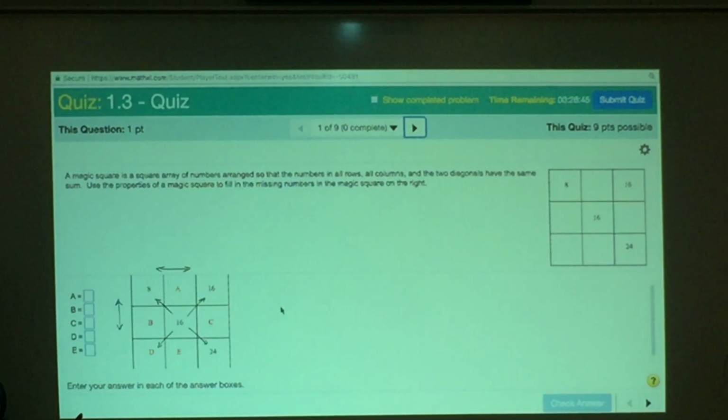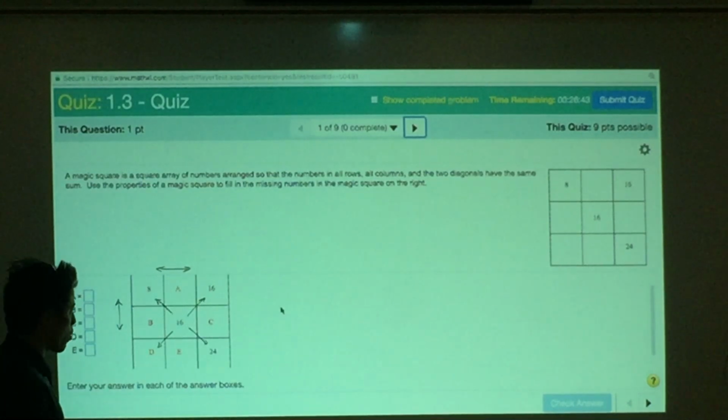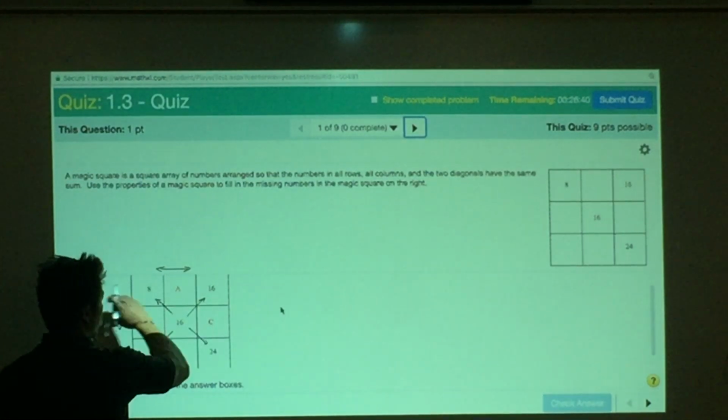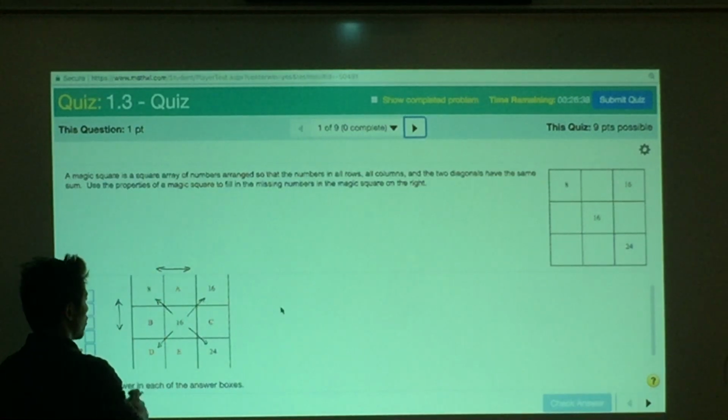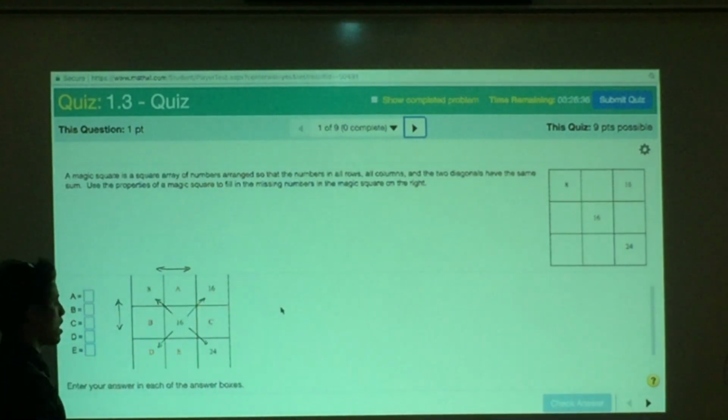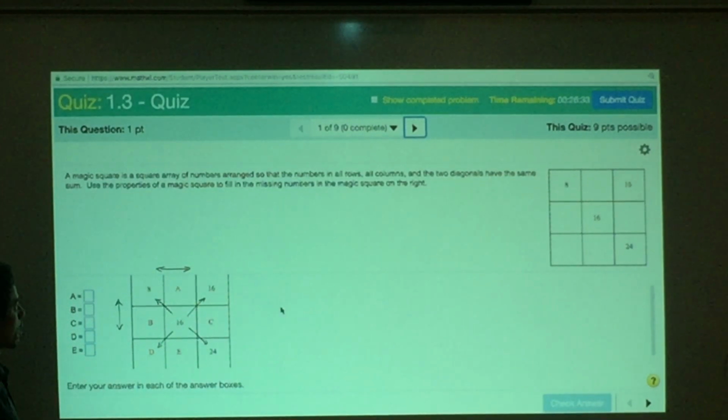You guys following me? Okay, so a magic square is one where if you add left, right, top, down, and the 2 diagonals, everything should equal the same, okay?